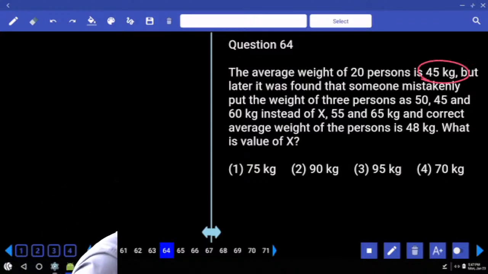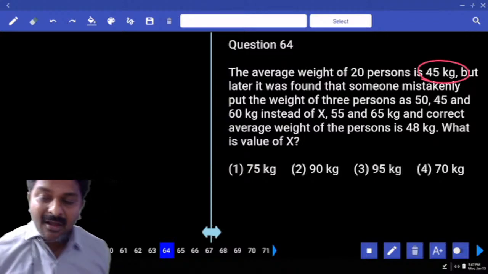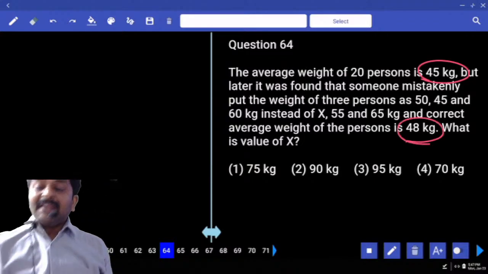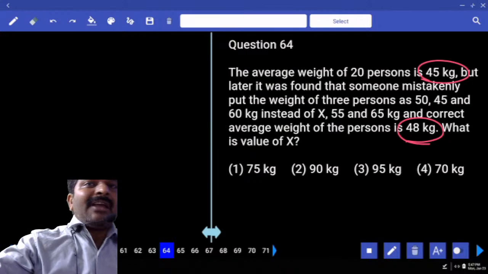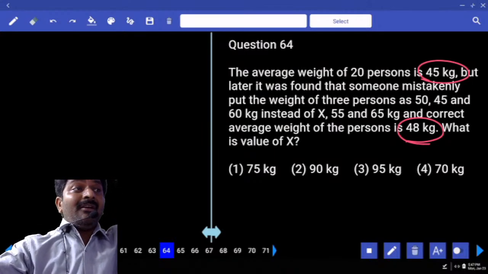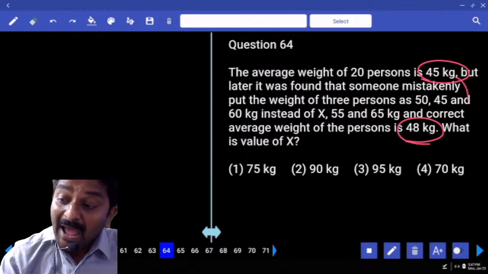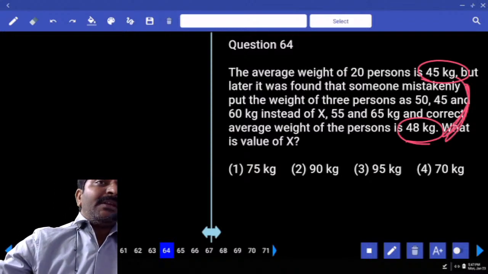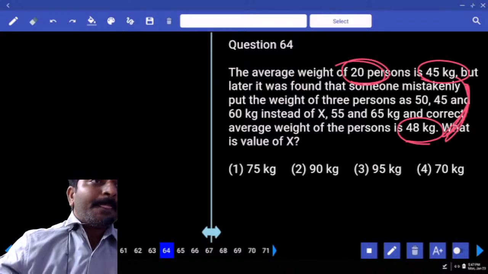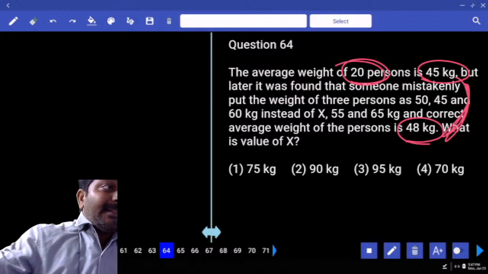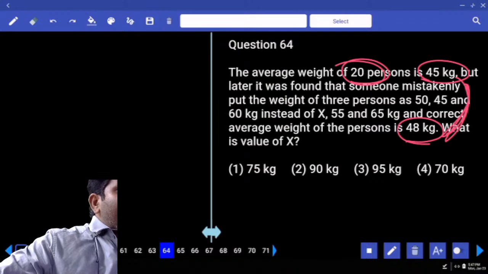Is this with correct values or wrong values? Wrong values. And 48 is the average with correct values. Average is more when you have correct values or wrong values? Correct values. Average increased by how much? 3. For how many people? For 20 people. That means the sum should increase by 60.